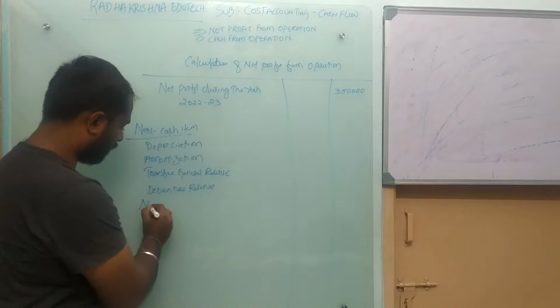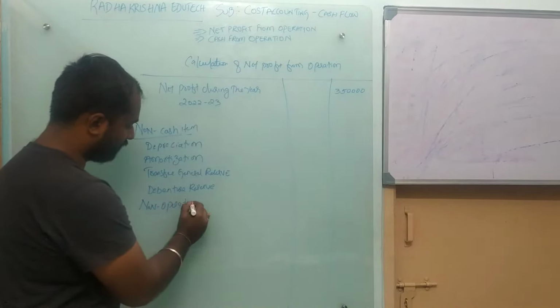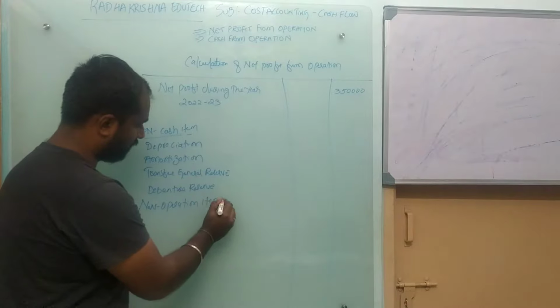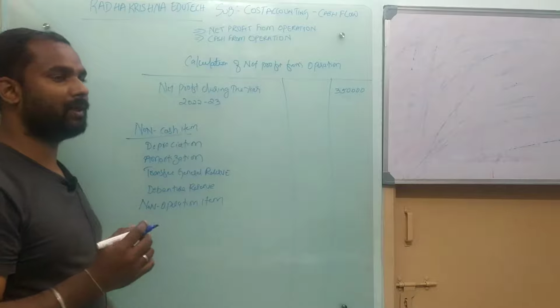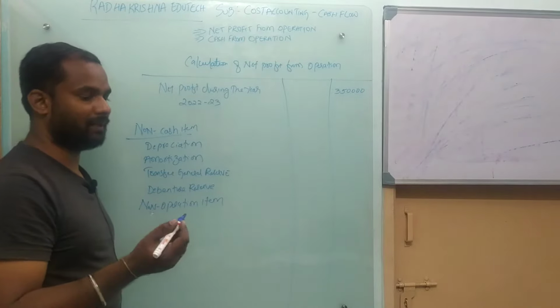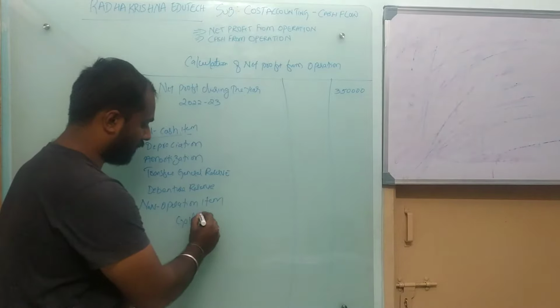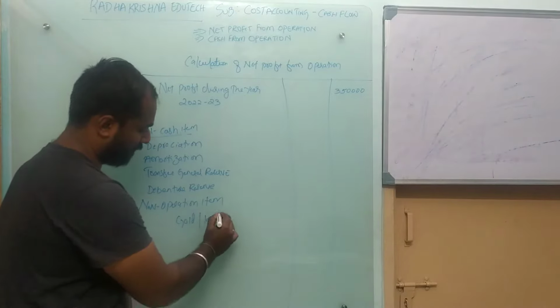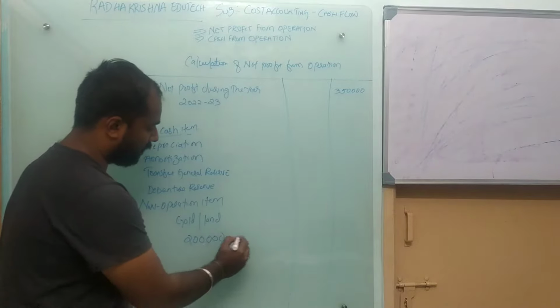Now non-operation items. Non-operation item means, for example, you have invested in gold or land. For 2 lakh you have invested, for example, for 3 years.